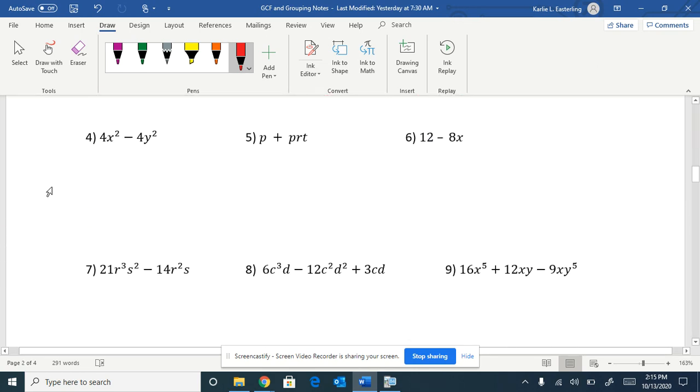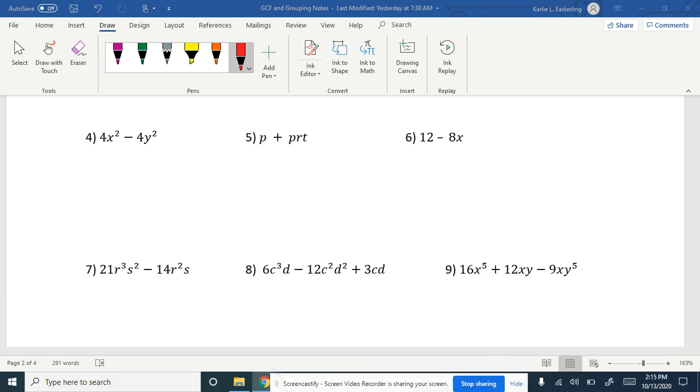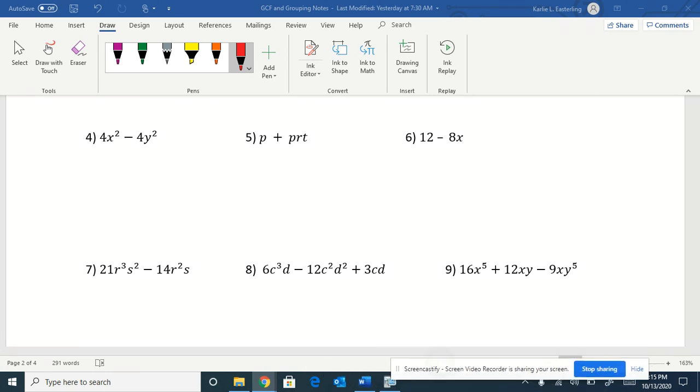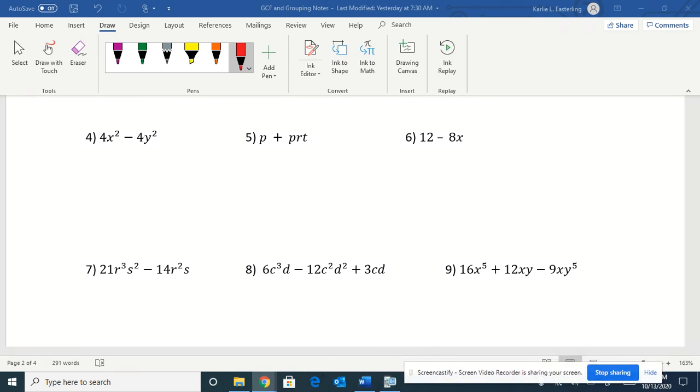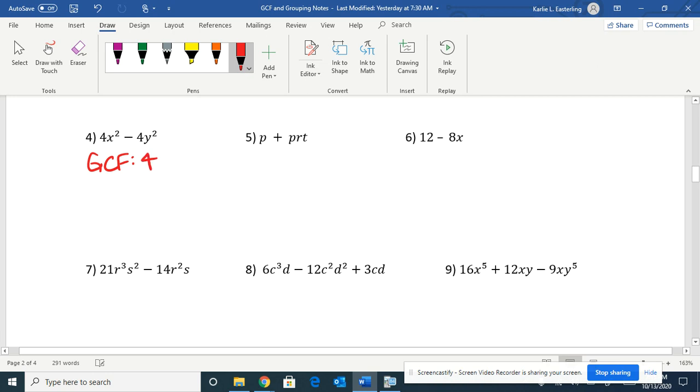All right, and on the next page, there's plenty more examples. Again, I'm going to have y'all actually find the greatest common factor, and then we'll come back and go over it together, and I'll help you pull out some terms. For number 4, hopefully you got that the greatest common factor was 4, and when you pull out that 4, you're left with x squared minus y squared.